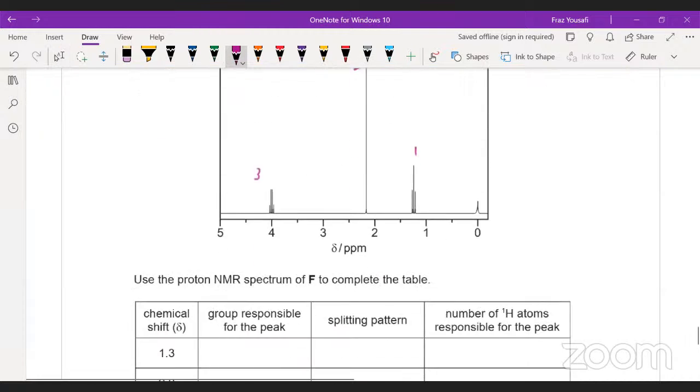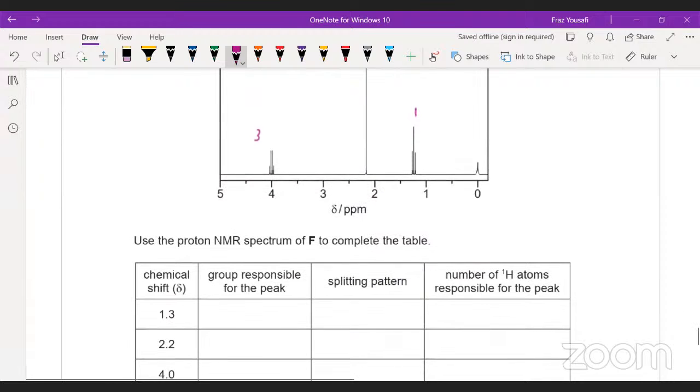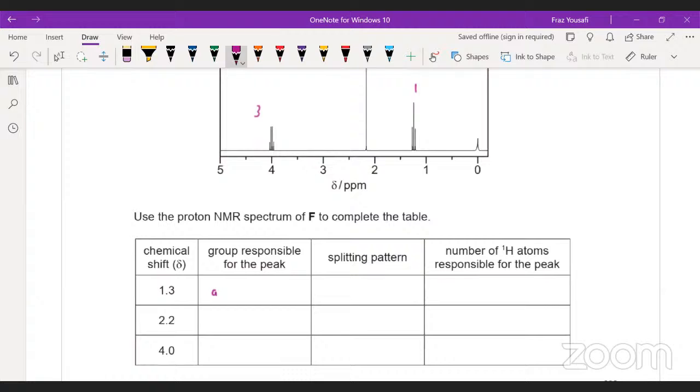Now the group responsible for each peak, starting at our 1.3, it's your alkane group or your alkyl group. The splitting pattern, again, is a triplet. And the number of protons that are responsible for this peak is 3. Right, the next one is the alkyl group next to C double bond O, right? This one is a singlet.